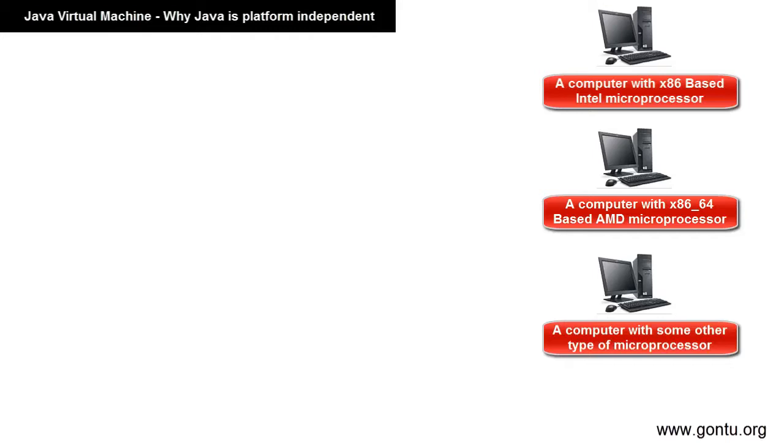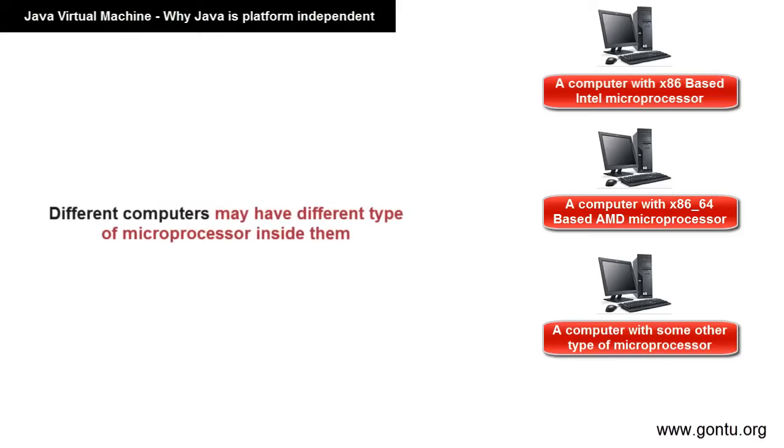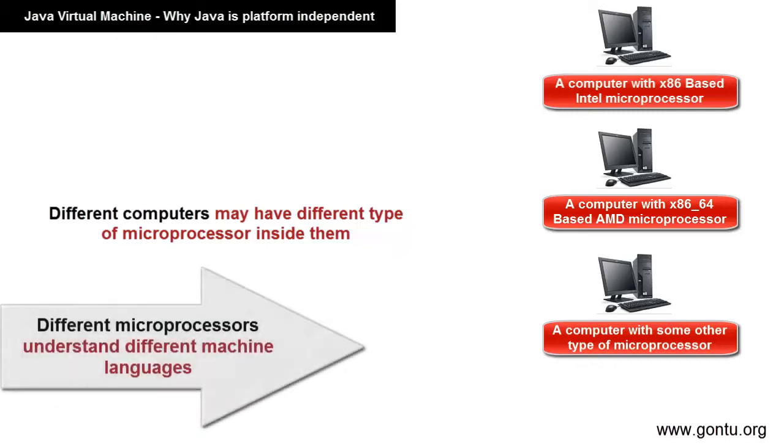Here I'm not teaching you concepts of microprocessors, but giving you an idea that different computers may have different types of microprocessors inside them. And a big point to note is that all different types of microprocessors understand different machine languages. Think of it as people in different countries speaking different languages.